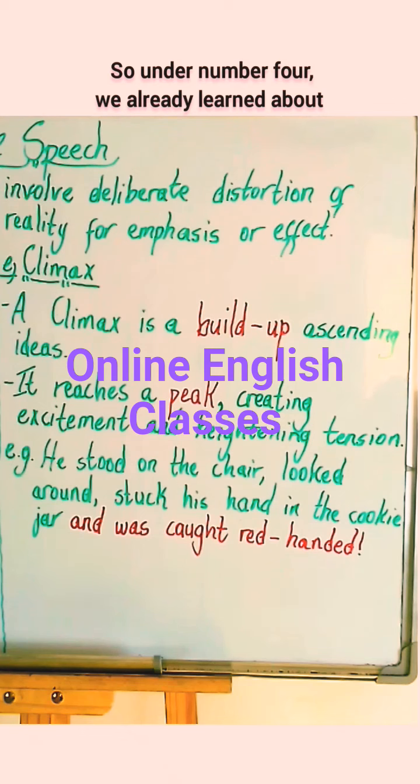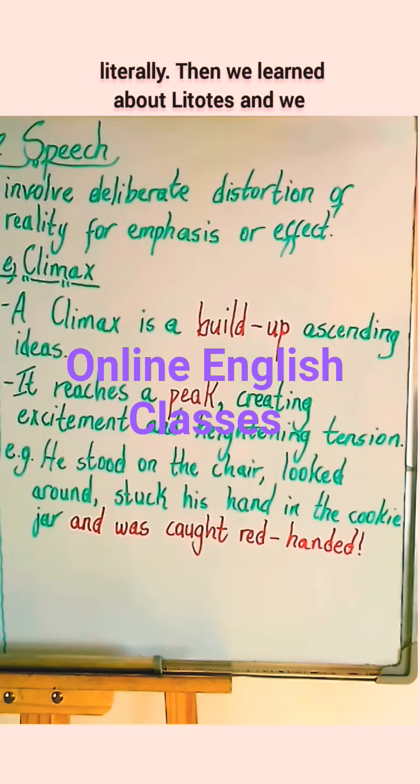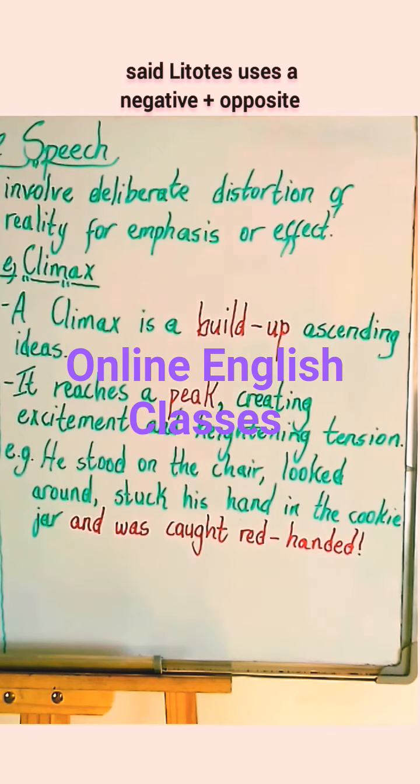Under number 4, we already learned about hyperbole, which is an over-exaggeration not meant to be taken literally. Then we learned about litotes, which uses a negative or an opposite to understate what is intended.